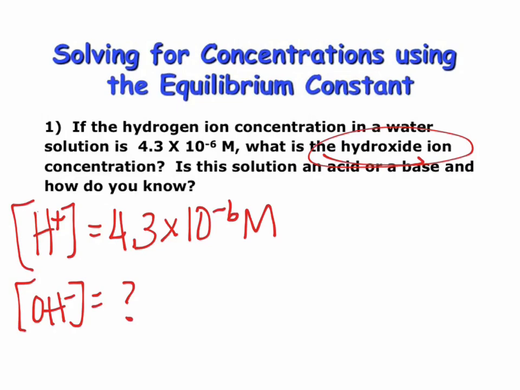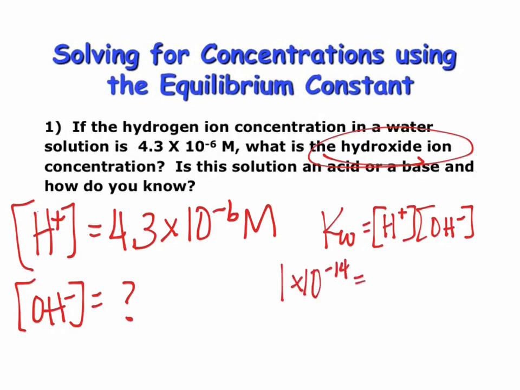I don't know what to do. But we know that H plus times OH minus has to always equal 1 times 10 to the negative 14. If H plus is 4.3 times 10 to the negative 6, then we can solve for OH minus.